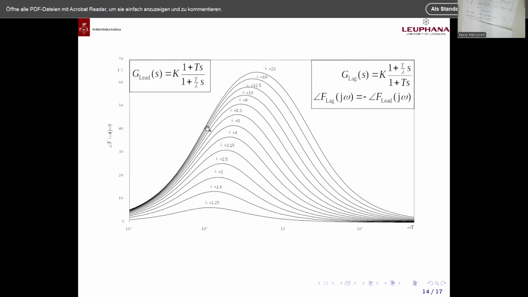Also, k does not influence the phase, because if k is positive, which is not specified here but is positive, it does not influence the phase. Remember this concept: the phase of k is 0. This means if you calculate the phase, it is the phase of 0 plus the phase of the rest, which we have in our case.